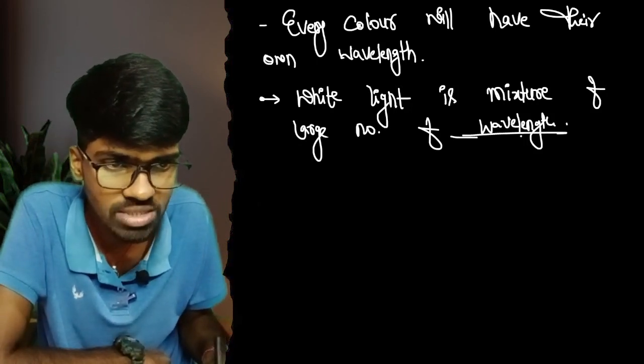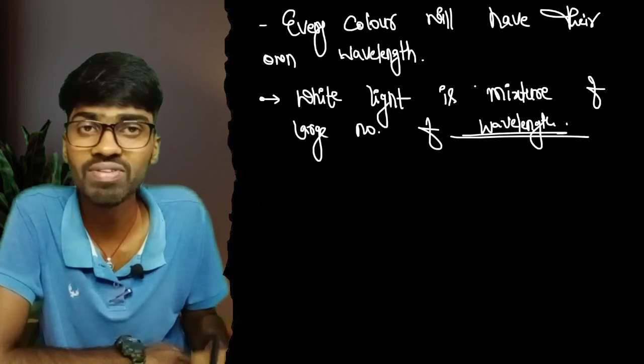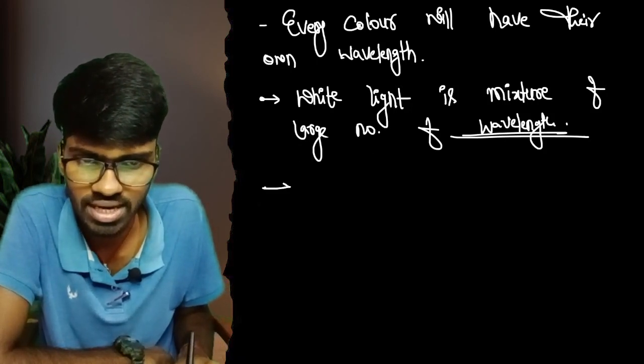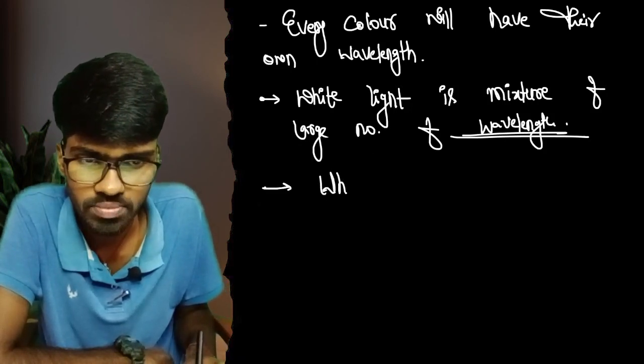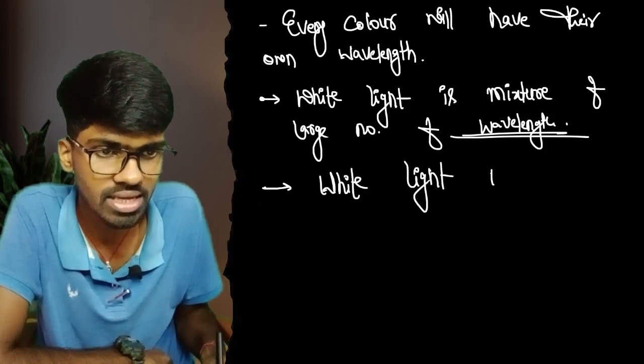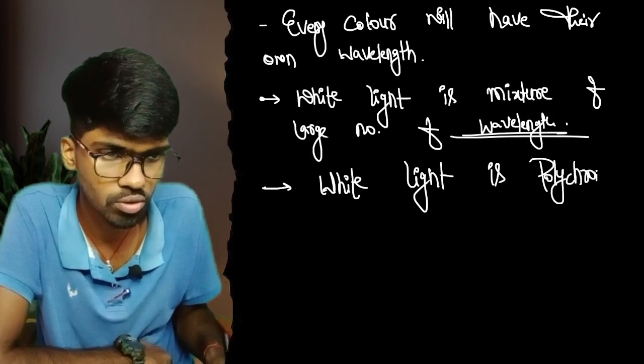And this point, that white light is a mixture of a large number of wavelengths, is called polychromatic. So we can further write, white light is polychromatic.